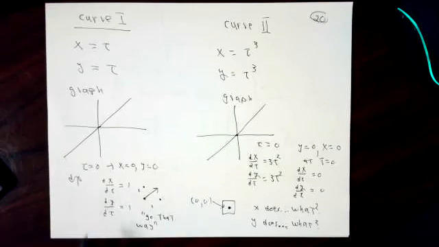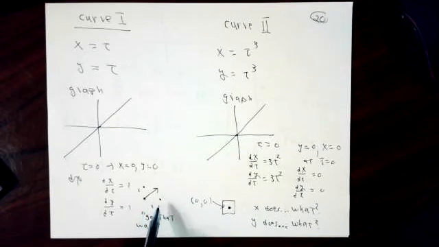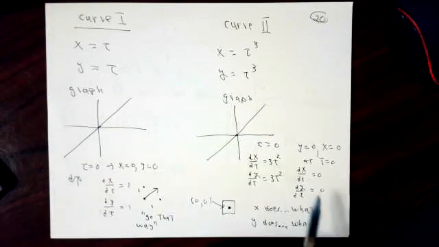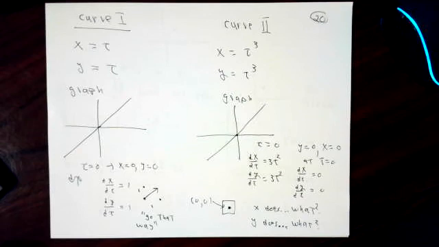Over here, dx dt and dy dt told me what to do. I go 1 unit sideways and 1 unit up, but here at t equals 0, 3 times 0 squared is 0. Both of my derivatives are 0 here. They don't tell me what I have to do to get back on the tangent line.